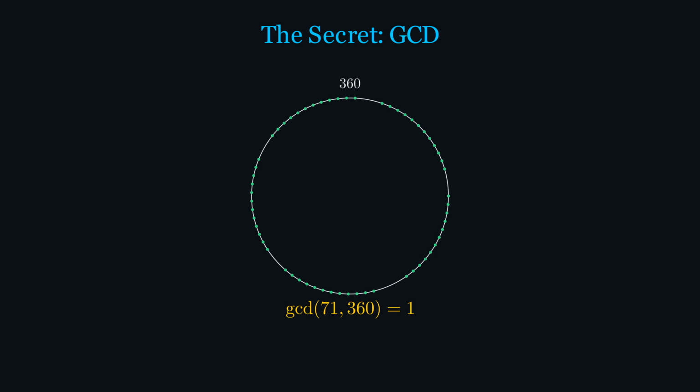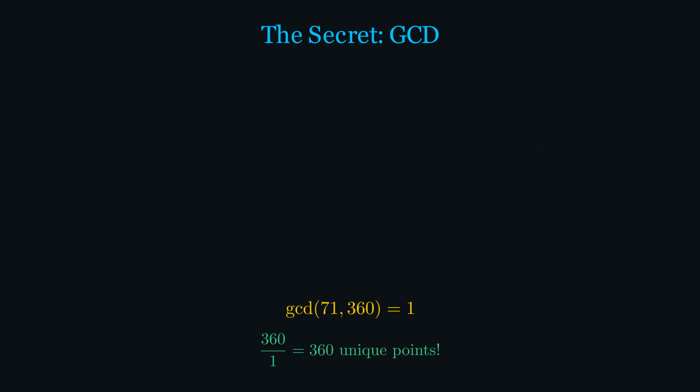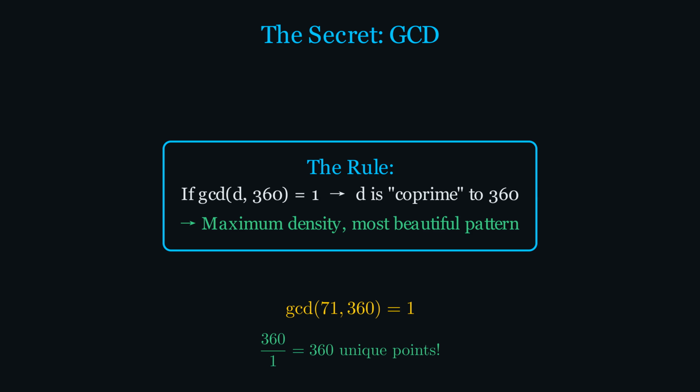But for 71 degrees, the greatest common divisor with 360 is just 1. In math terms, we say these two numbers are co-prime. Because they share absolutely no common factors, our line is forced to bounce 360 times before it ever repeats, giving us that maximum density and the most beautiful pattern.